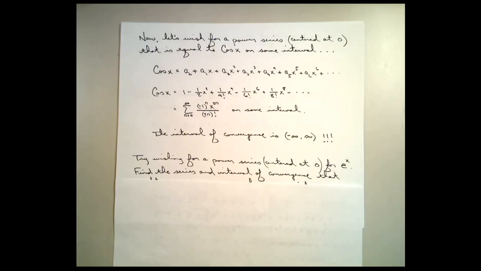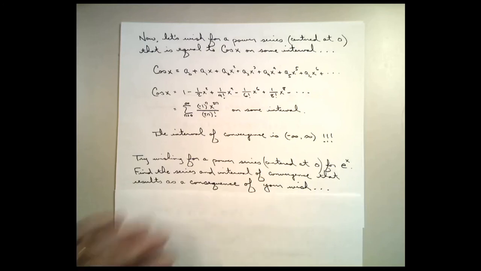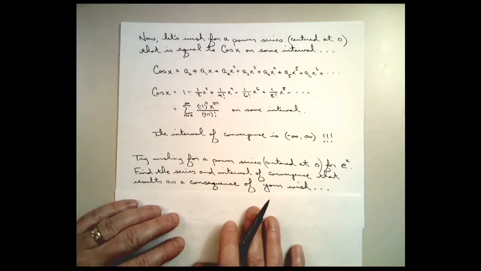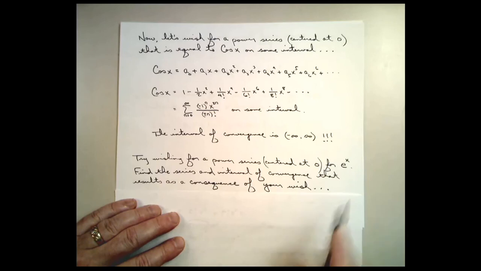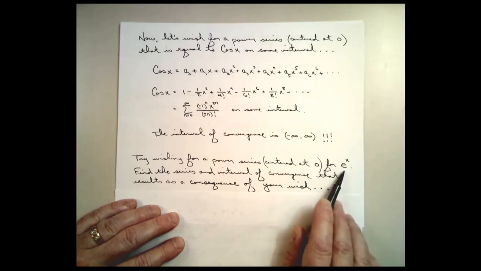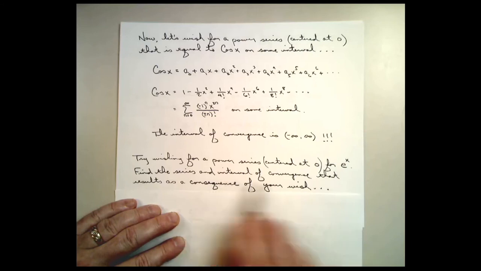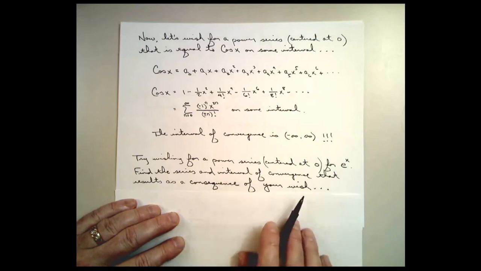And I want you to find the series, the power series, and the interval of convergence that results as a consequence of that wish. Go ahead. Again, I'll wait. Hit pause and come back whenever you've found a series that you believe is equal to e to the x, and after you've found the interval of convergence of your series.